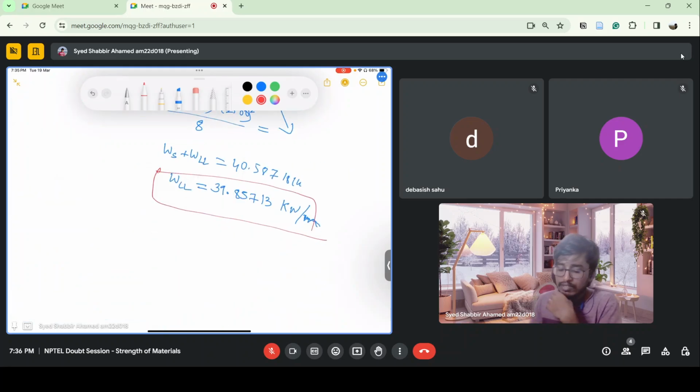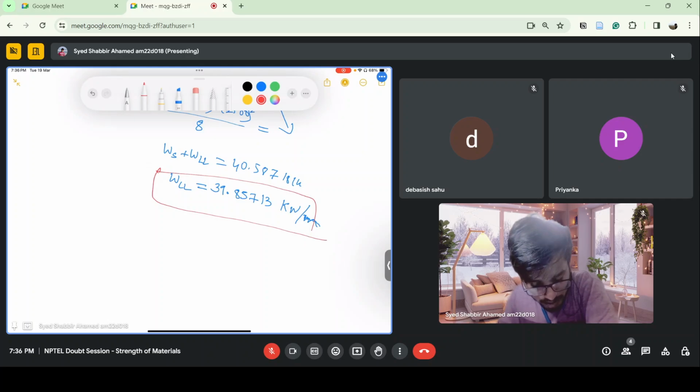That's why we can see that the permissible load is increased for the rectangular cross section compared to the square cross section. This is for a rectangular cross section.